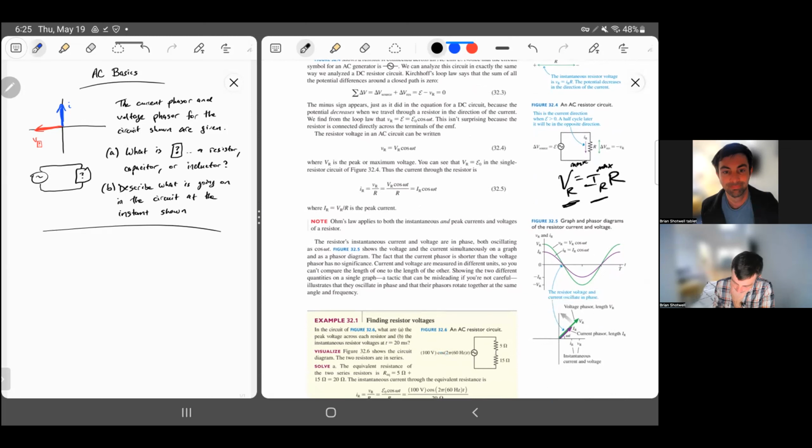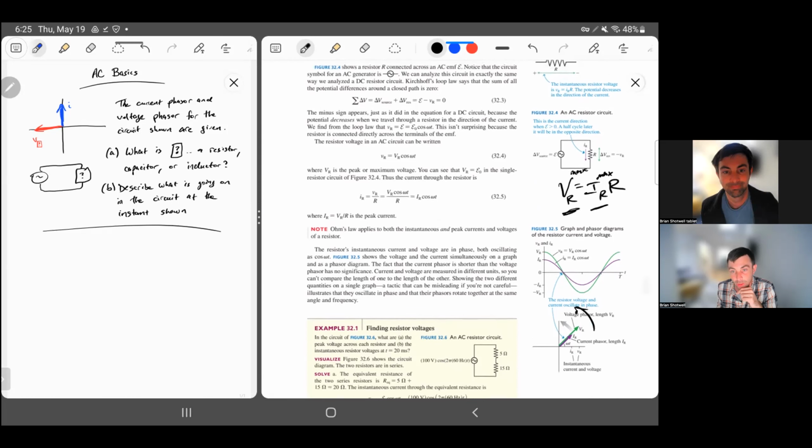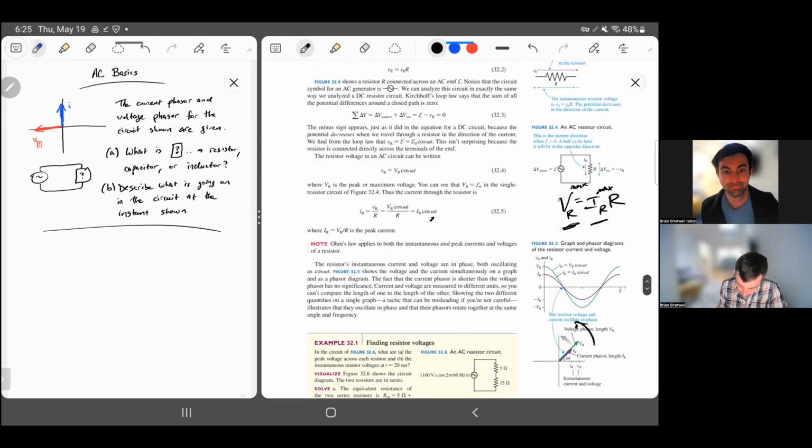You might wonder how quickly these things are rotating. Well, you're probably not wondering it, but I'm asking you to wonder about how quickly these phasors are rotating around in this plane. The answer is the angular frequency of whatever is driving this thing. So the source has angular frequency omega, which is the number of radians per second.